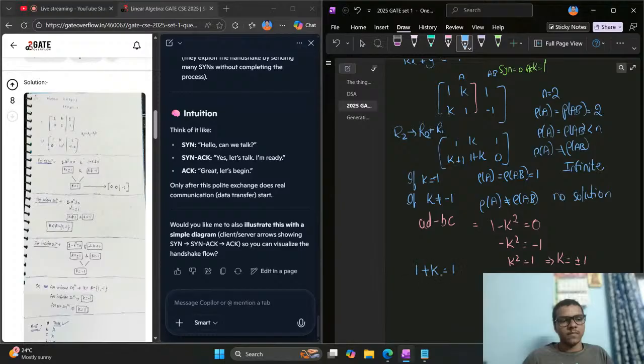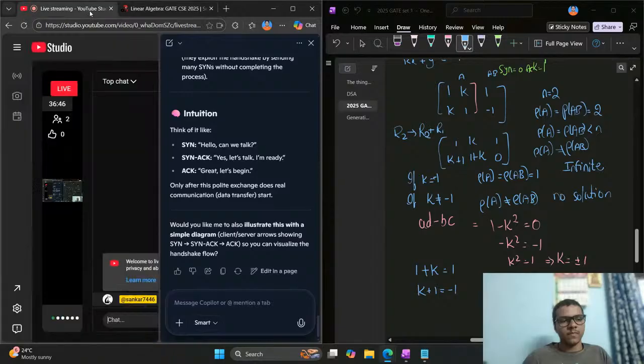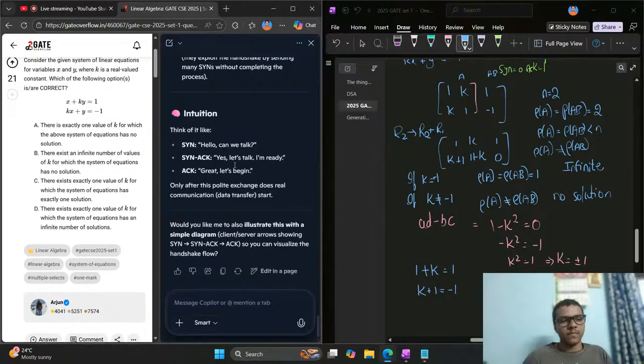Those are the two equations: x plus ky is equal to 1, kx plus y is equal to minus 1.